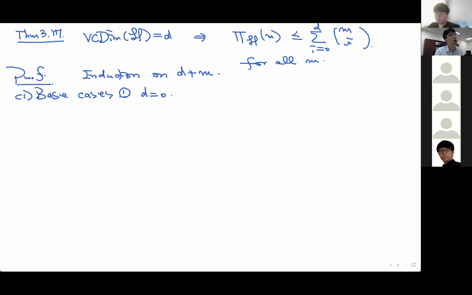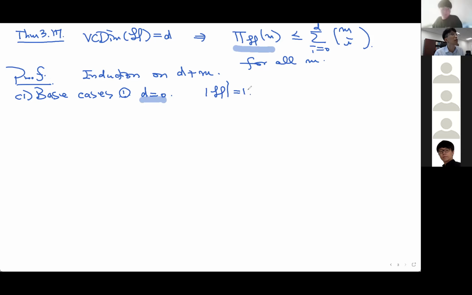If d is equal to 0, then the growth function becomes really simple. If d is equal to 0, that means our hypothesis class should have only one element.